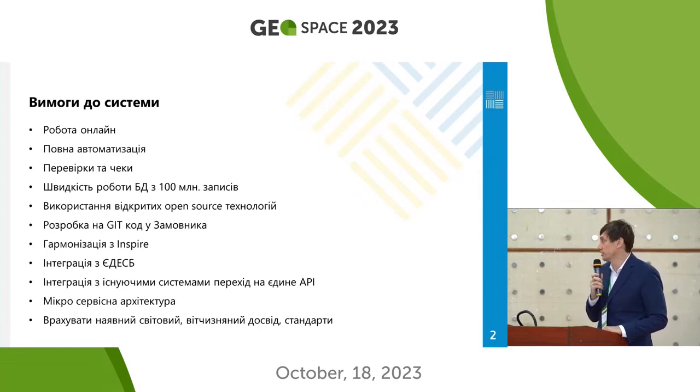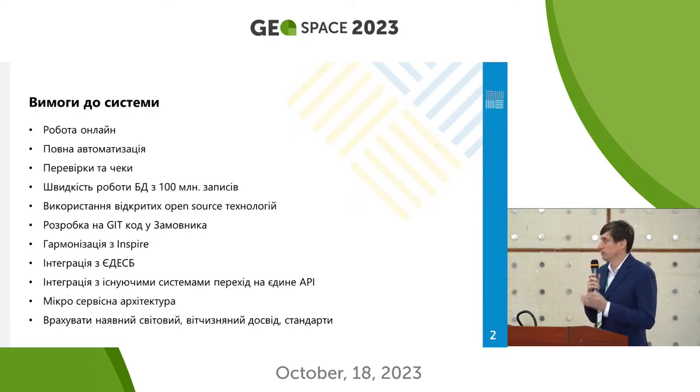I will tell you about the framework within which this development of address register took place in 2022-2023. You understand under what conditions the work was done. The register has to function online completely.